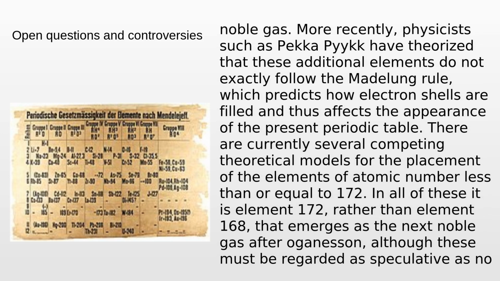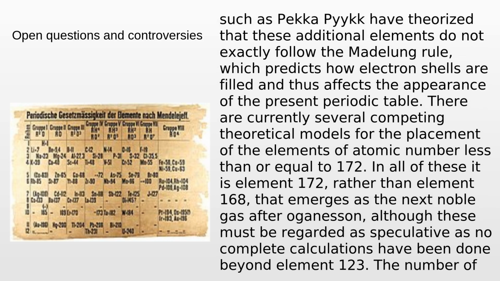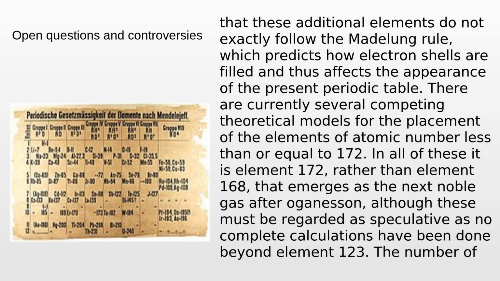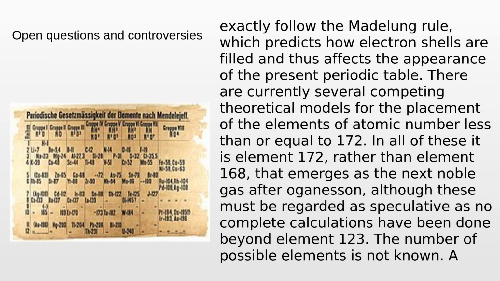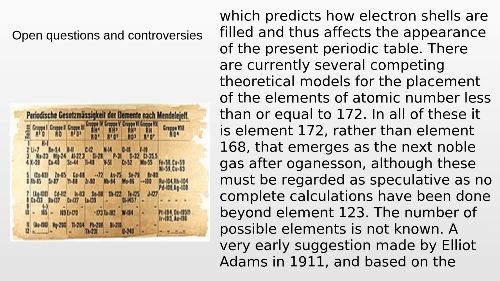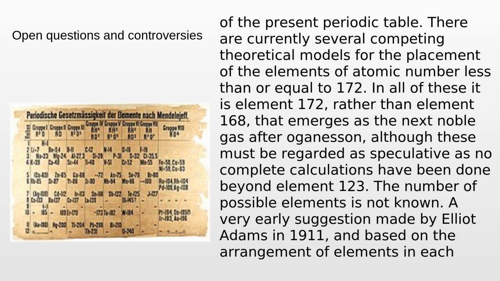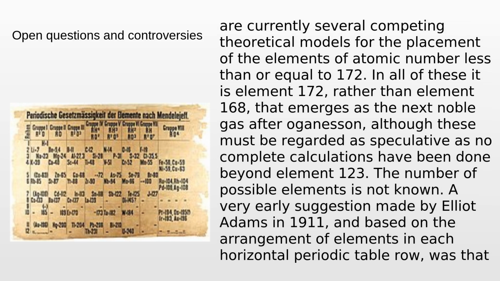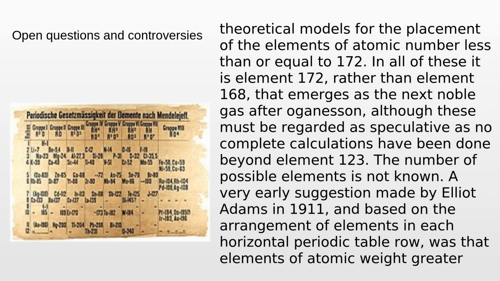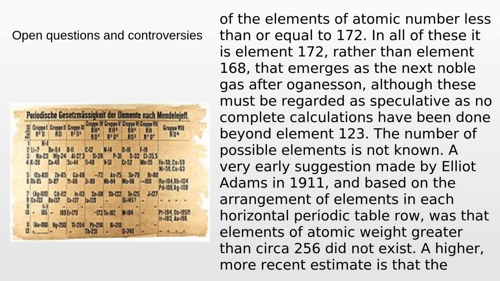The next noble gas. More recently, physicists such as Pekka Pyykkö have theorized that these additional elements do not exactly follow the Madelung rule, which predicts how electron shells are filled and thus affects the appearance of the present periodic table. There are currently several competing theoretical models for the placement of the elements of atomic number less than or equal to 172.